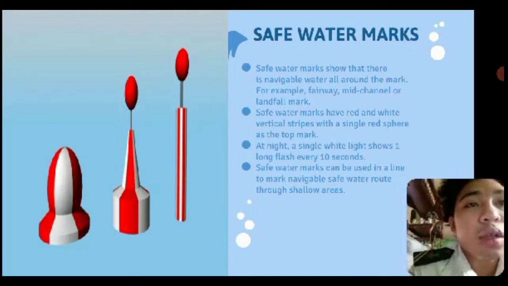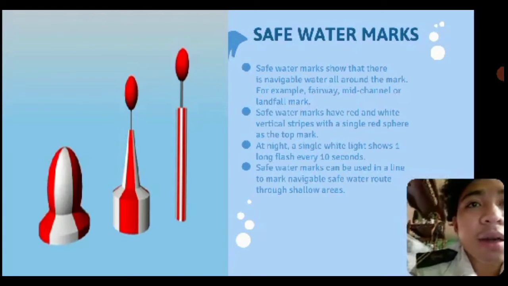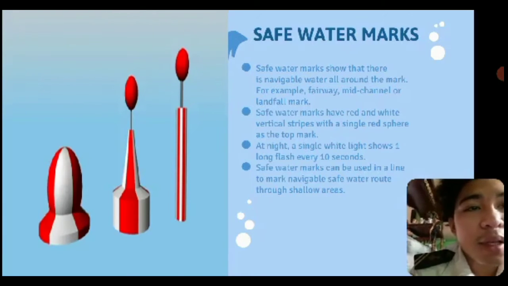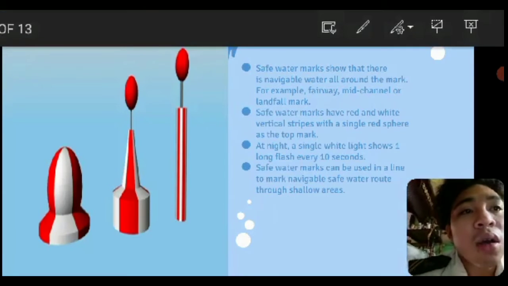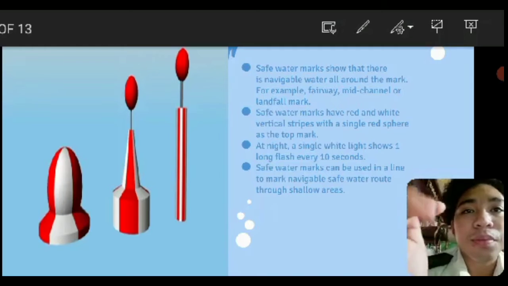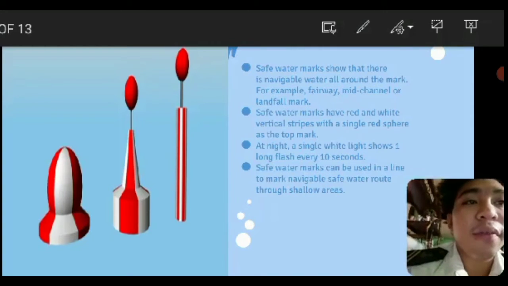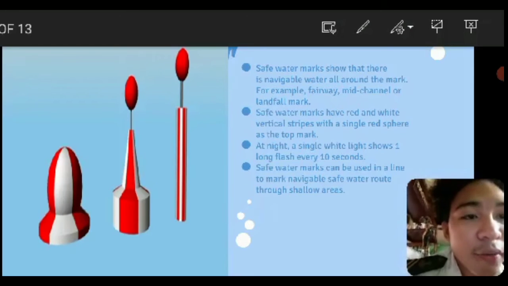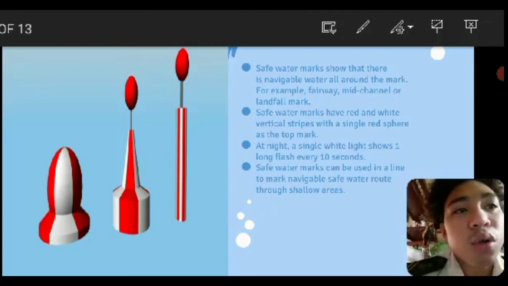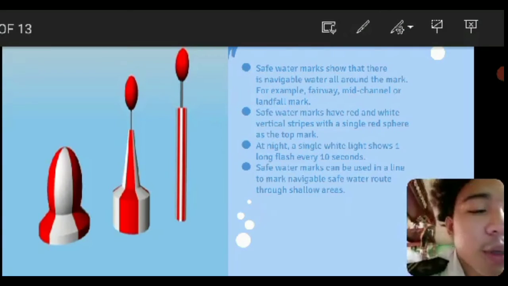The safe water mark, also commonly referred to as a mid-channel buoy, fairway buoy, or sea buoy, is used to indicate safe water in all directions. It is often used to indicate the beginning of a marked channel when approaching from seaward.